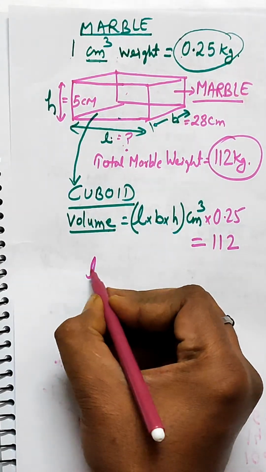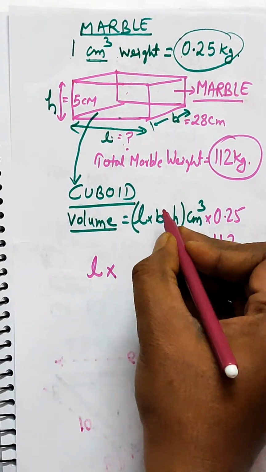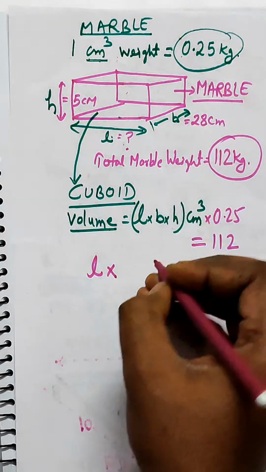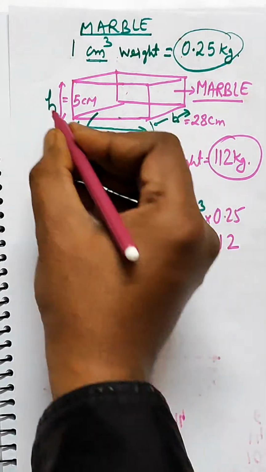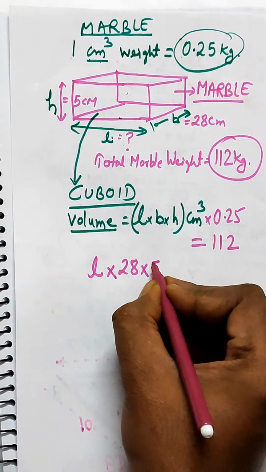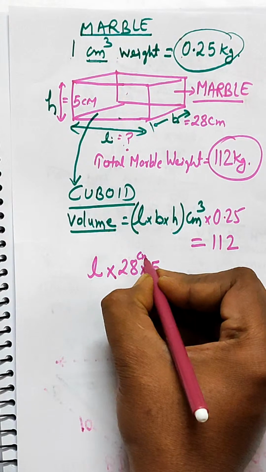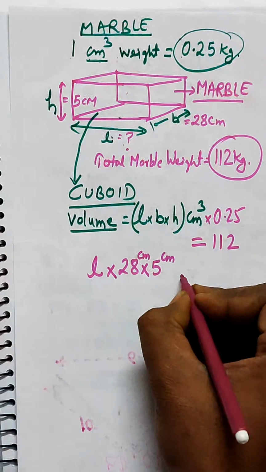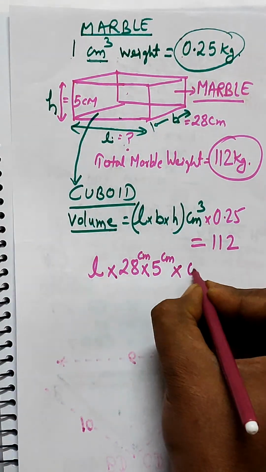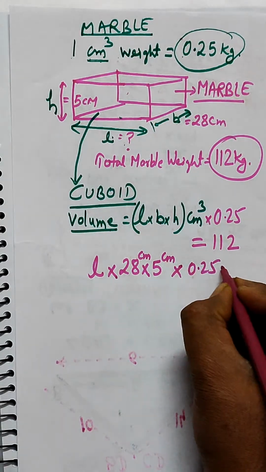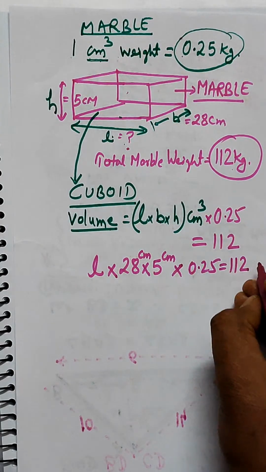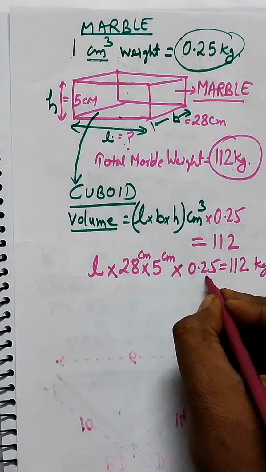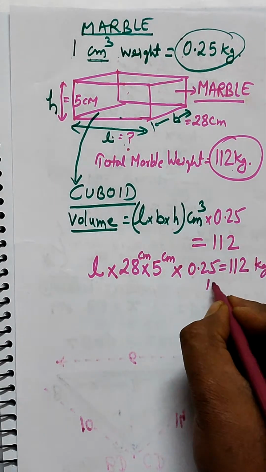So length is the variable, into breadth. What is breadth? Breadth is 28. And what is height? Height is 5. You can see L into 28 centimeter into 5 centimeter into 0.25 equal to 112, that is kg, and the unit of 0.25 is kg.